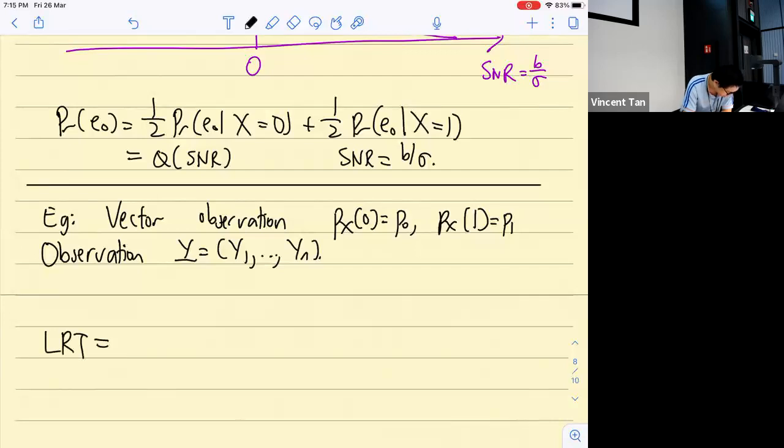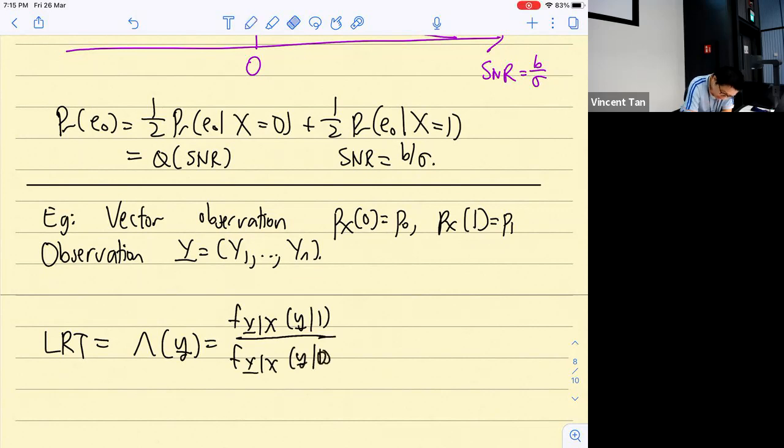Then the likelihood ratio test is basically lambda of y, which is this vector, f of y given x equals 1, over f of y given x equals 0. That is my likelihood ratio, and I'm going to compare to eta, which is equal to p0 over p1. And it should be clear what I'm going to declare here.